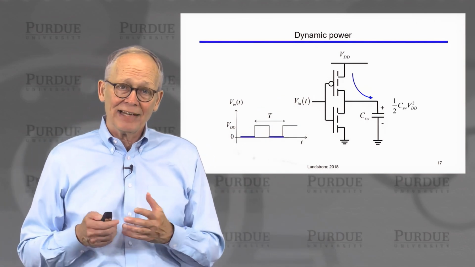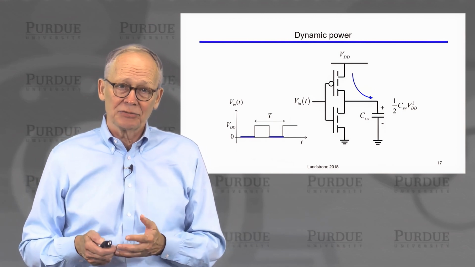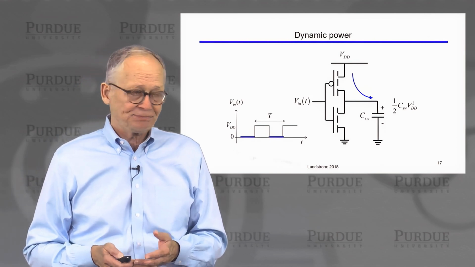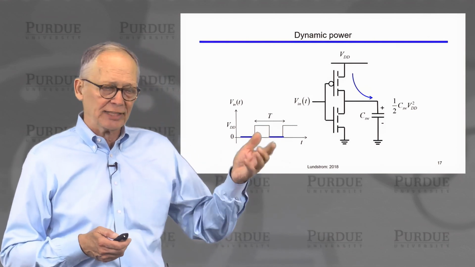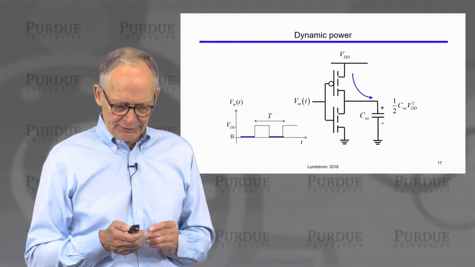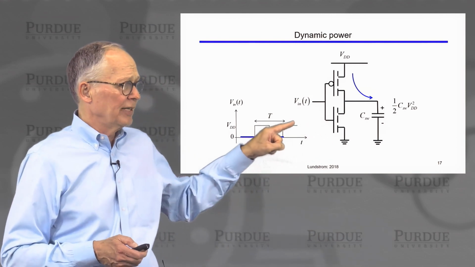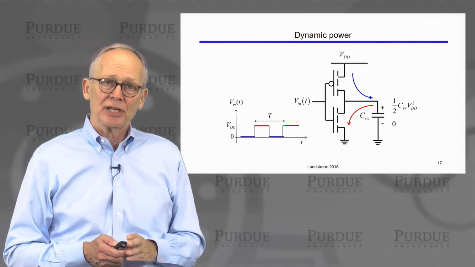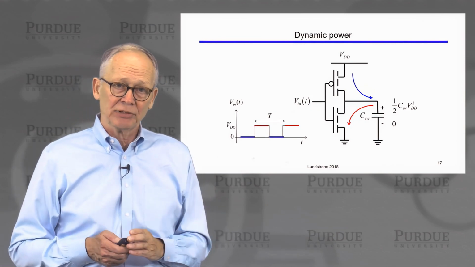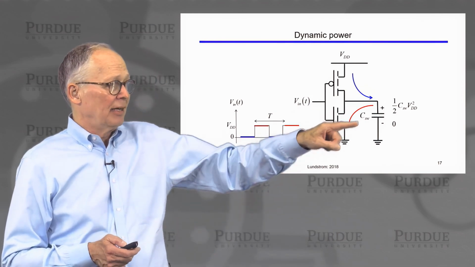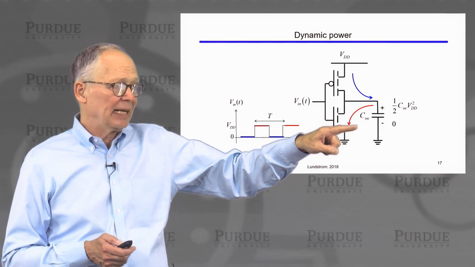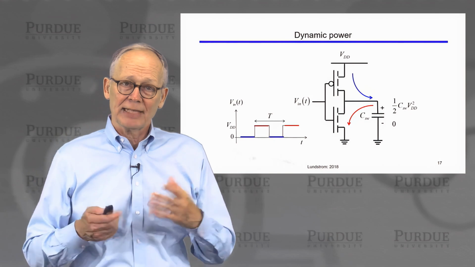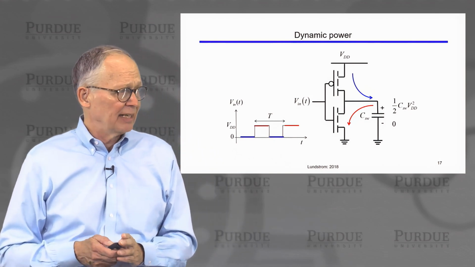You may recall that the energy stored in a capacitor after you've charged it up is 1/2 capacitance times voltage squared. So after the charging sequence, we've stored energy in the capacitor. When the signal then goes high, in the next phase, we turn the N-channel transistor on, we turn the P-channel transistor off. All of that energy we stored in the capacitor is now dumped to ground through the N-channel transistor. That's where the power dissipation is occurring.